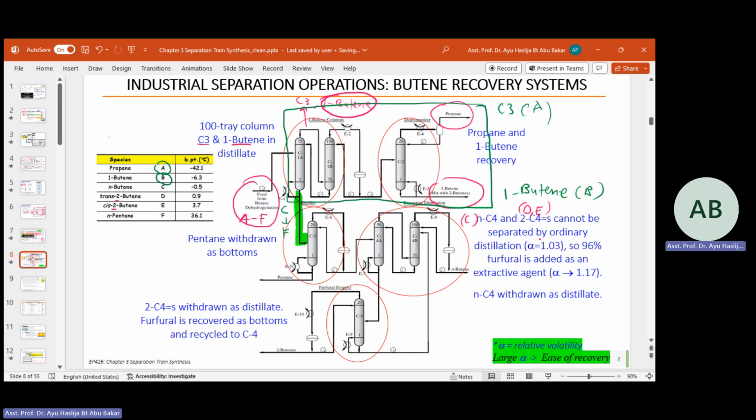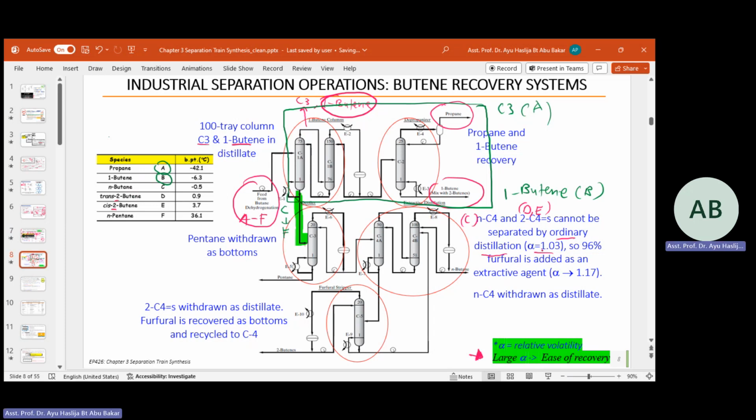Okay, they cannot be separated by ordinary distillation because their relative volatility is 1.03. The relative volatility represents the ease of recovery. The larger the relative volatility, the easier the component can be recovered.